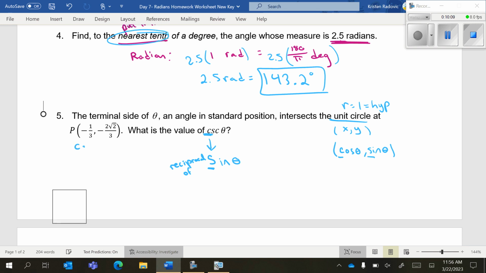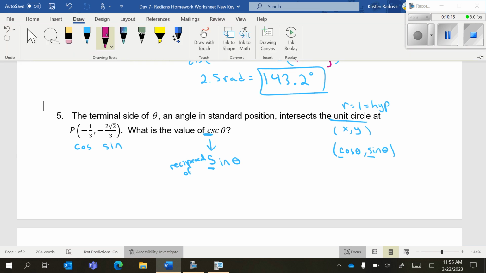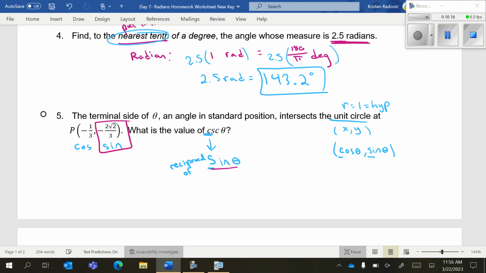So really, this is cosine, and this is sine. And we wanted sine. So sine is -2 radical 2 over 3. That means cosecant, the reciprocal of sine, is going to be 3 over -2 radical 2.